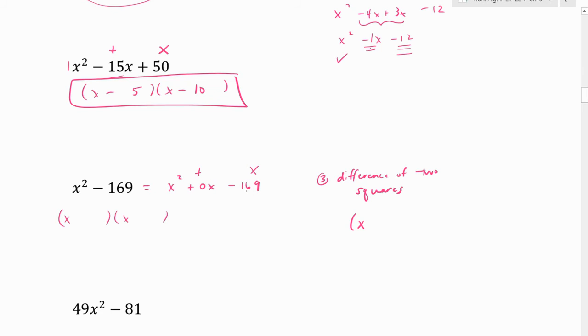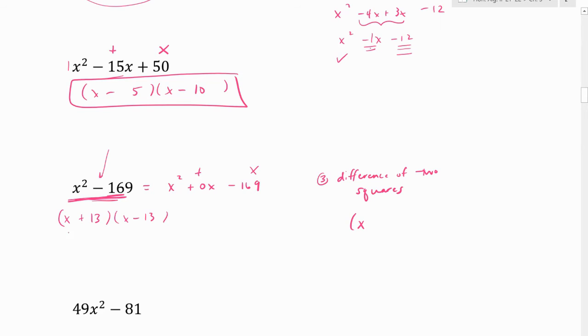Well, 169, the square root of that's 13. If I had a 13 and a negative 13, it would work. But you don't want to have to go through that every time. Because to get that 0x, there's not going to be an x term in here, the linear term.